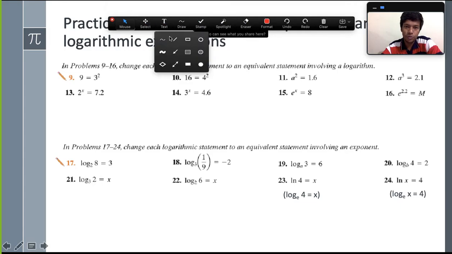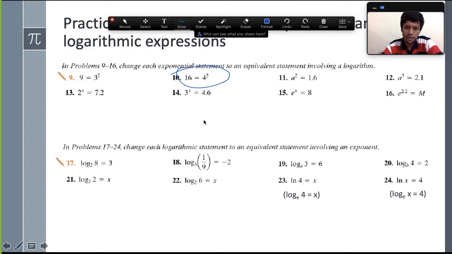If we want to solve a couple of them, suppose this one: 16 equals 4 to the power 2. How do we convert it? First of all, we write log, the base will always remain the same, then 16 equals 2, this way.